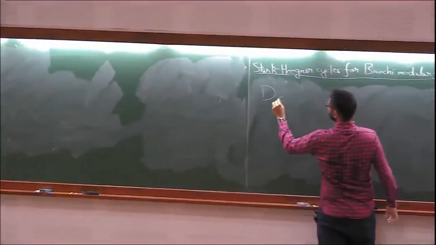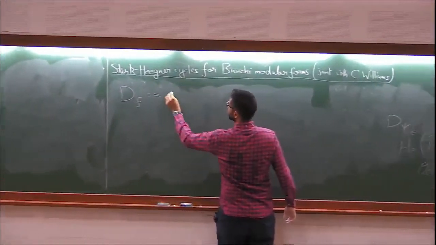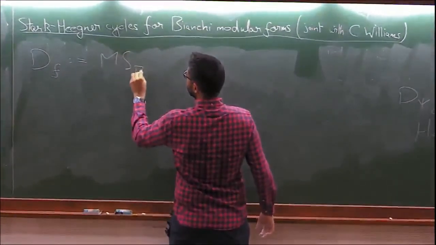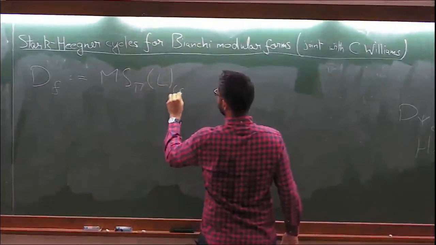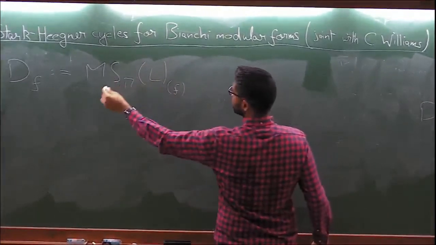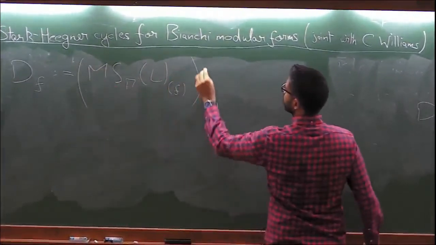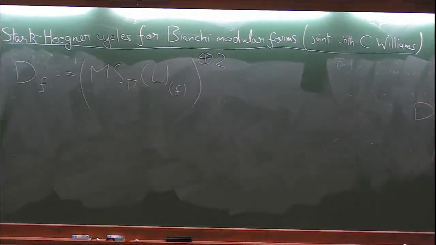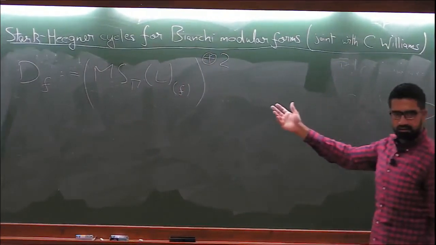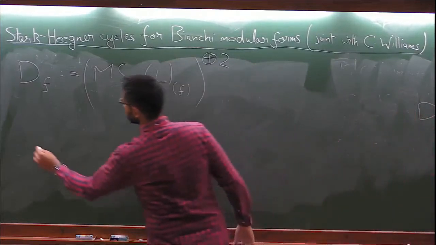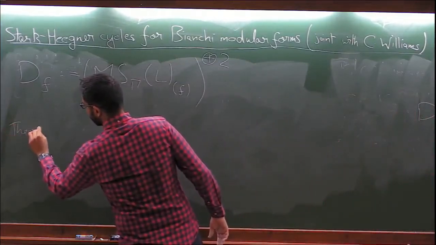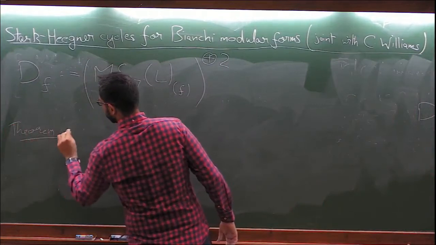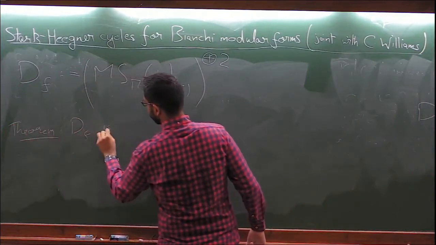So for brevity, I'll write Df. Recall this was the F-isotypic component of the Bianchi modular symbols, and then Df is just the direct sum of this. So a priori, this is a two-dimensional L vector space, but one of the first things that we show is that this has some p-adic Hodge theoretic property.